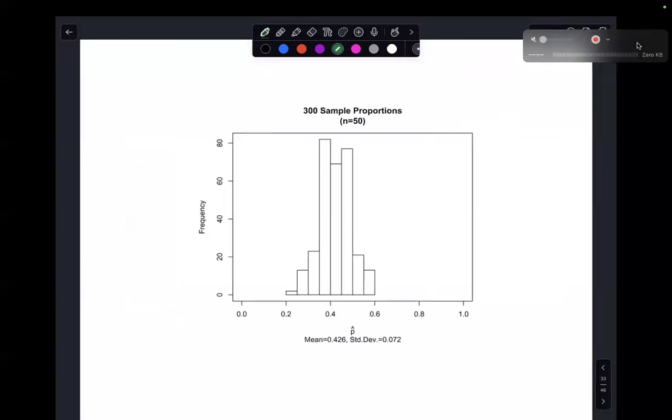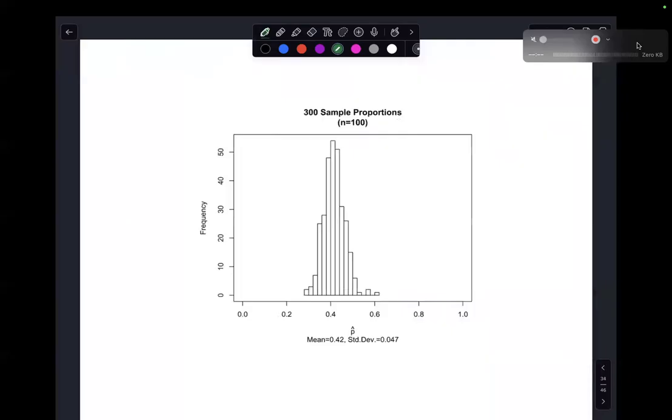Now I have a sample size of 50. Notice how it's all moved into the center a little bit more. It looks more bell-shaped, much better, less skewed. My standard deviation is now 0.072. The mean hasn't changed.